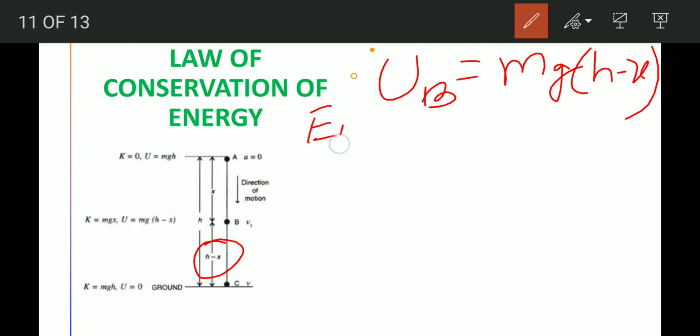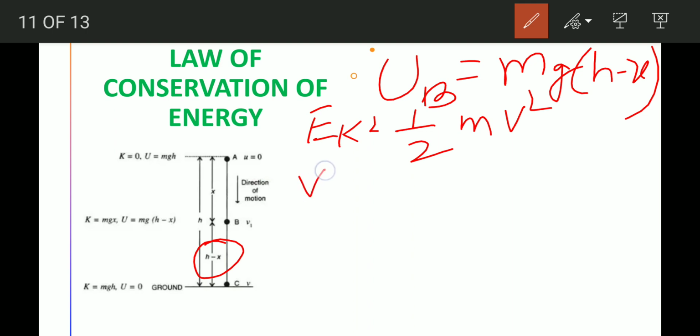In order to find the kinetic energy, which is given by the formula half mv square, note that kinetic energy is not 0.